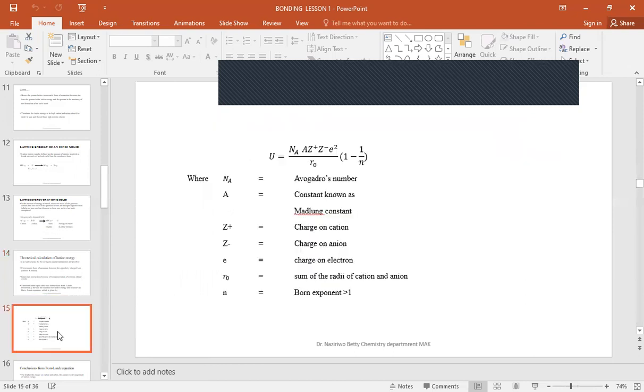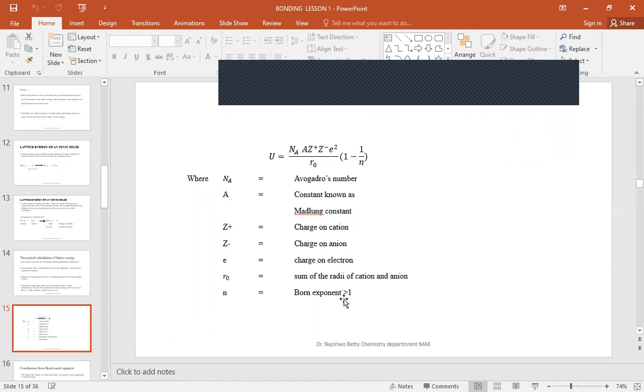This equation helps us to calculate the lattice energy theoretically, and it involves Avogadro's number, which is multiplied by the Madelung constant, then times the charge on the cation and that on the anion, then times the electronic charge, divided by the sum of the radii of the cation and the anion, bracket times 1 minus 1 over n, where n is the Born exponent.